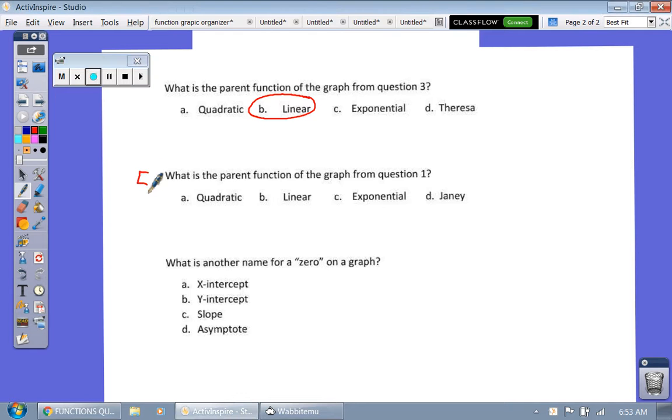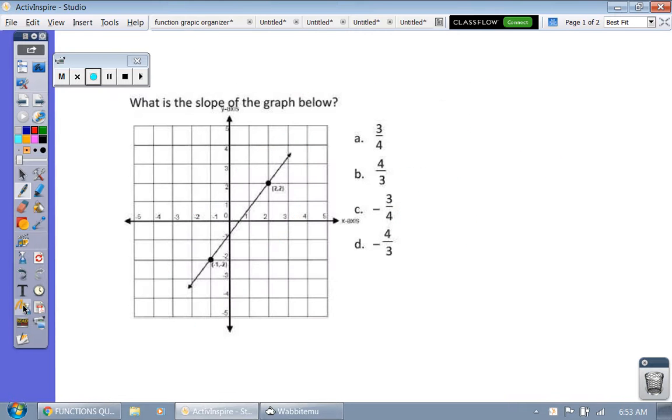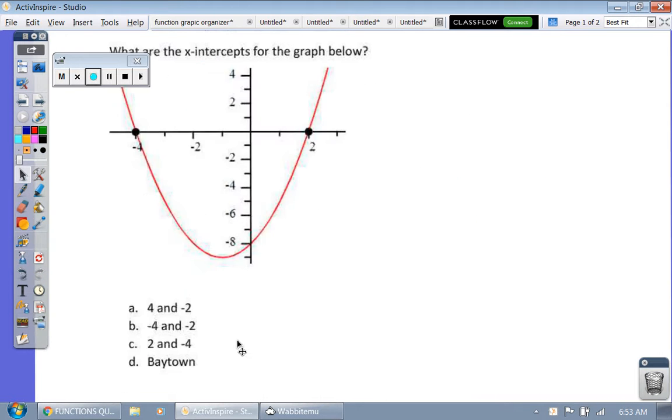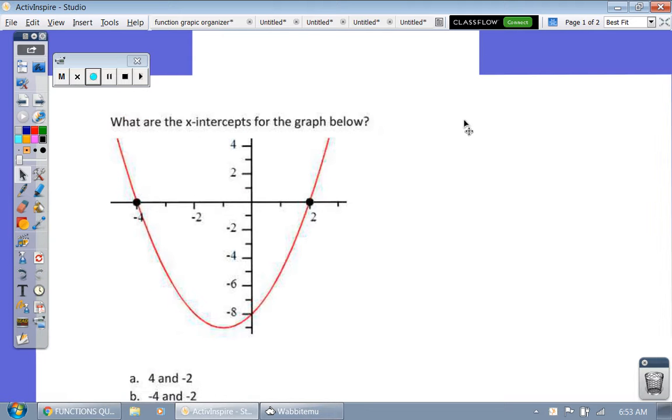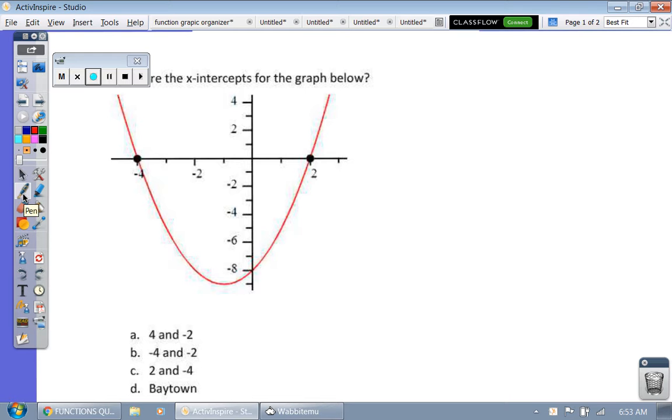So here we go, we're on question 5. What is the parent function of the graph from question 1? So if you go back to question 1, so I'm going to flip back to question 1. We're going to go all the way back up to the top. And so remember the 3 parent functions. We had linear. Well, we know it's not a linear because linear is a straight line. And if you remember doing your little foldable activity, our quadratic parent function looked like this.